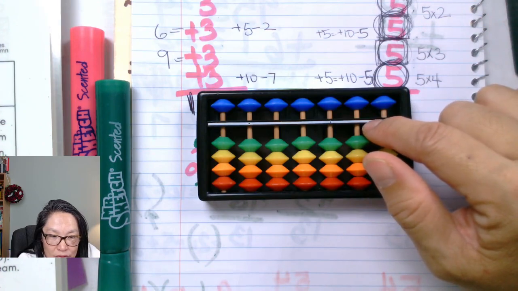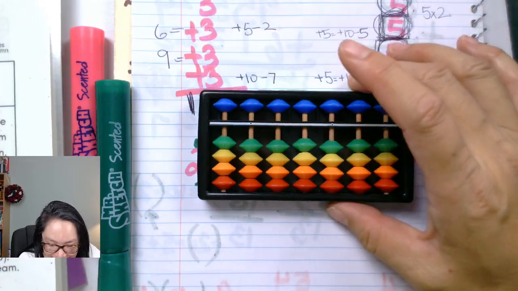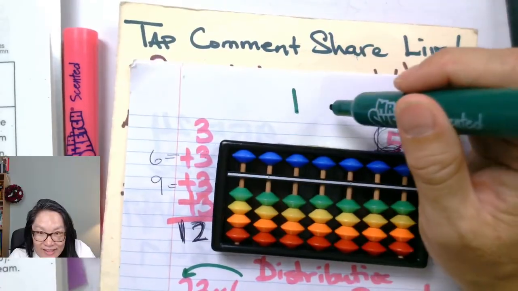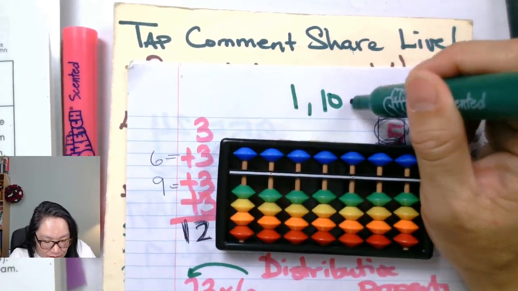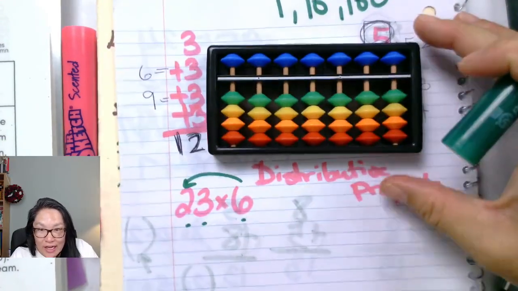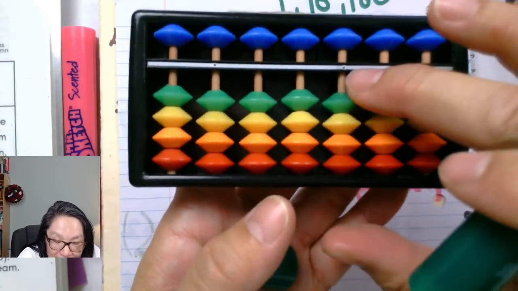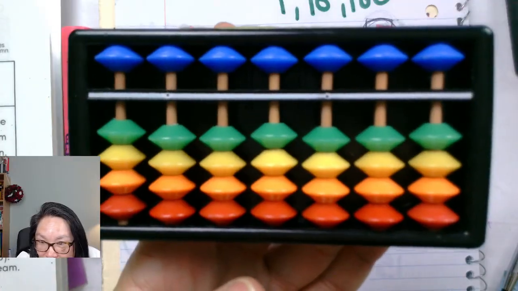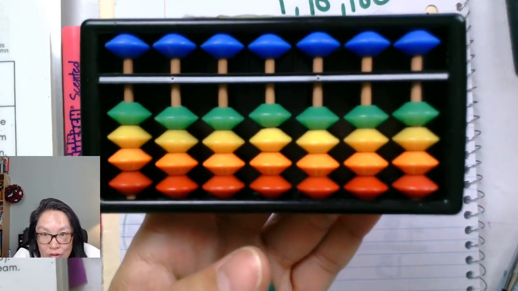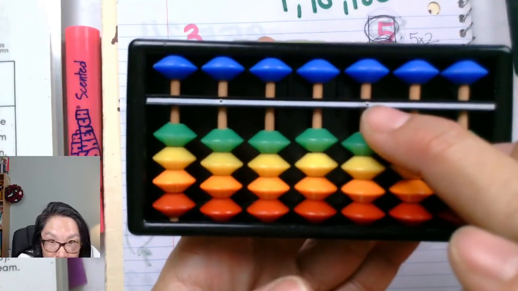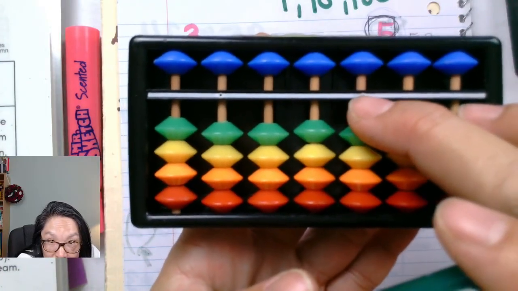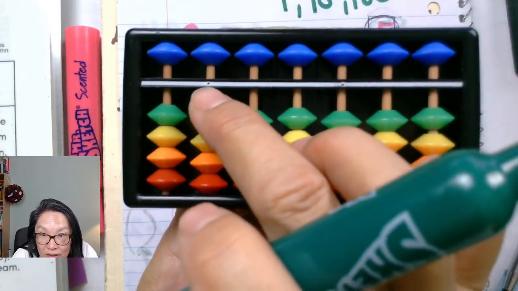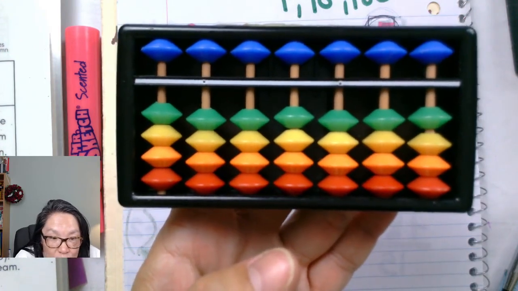Does it matter which rod you use? Yes, because 1 is different than 10, which is different than 100. How do I know? I have a label right here. If you notice I have a label, there's a dot. That dot, I will choose. Okay, Charizard, I choose you! That's a good question. So I choose this one, right? Just like a Pokemon. But if you notice, I have another one over here, so it doesn't matter which one you choose.